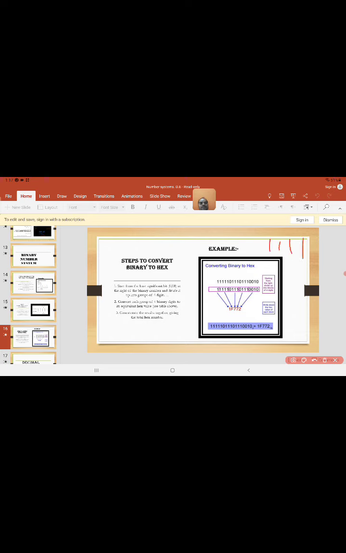Next, 1111 is present. When we compare it with the 8421 code, all the ones are present, so we add all these numbers, 8 plus 4 plus 2 plus 1: 8 plus 4 is 12, 12 plus 2 is 14, 14 plus 1 is 15.